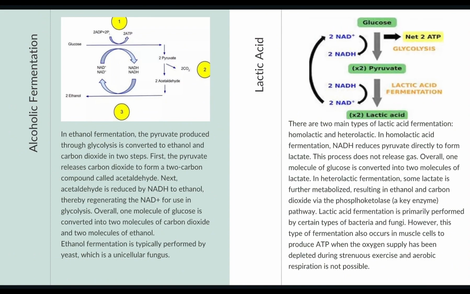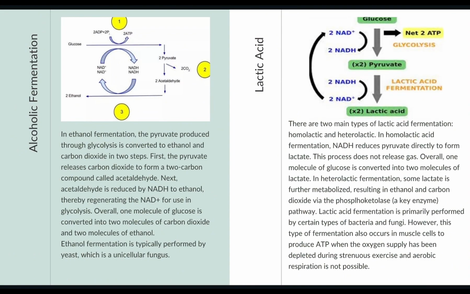Okay, number one, alcoholic fermentation. Here is the process of alcoholic fermentation in the picture that I pasted. Alcoholic fermentation begins with glycolysis, where a glucose molecule is broken down into two molecules of pyruvate. In the absence of oxygen, these pyruvate molecules undergo further conversion.